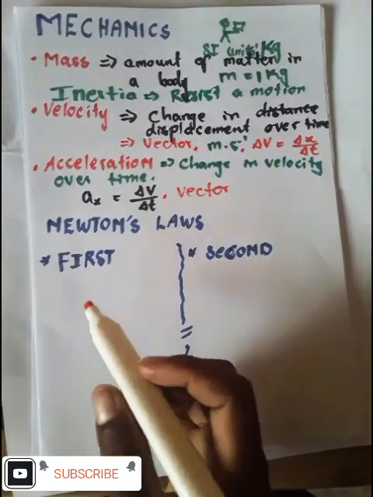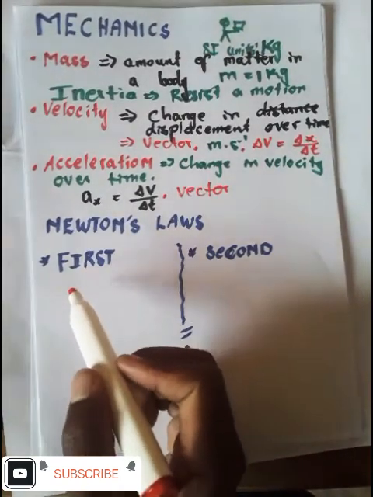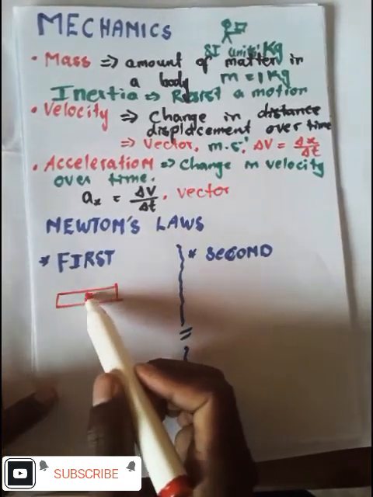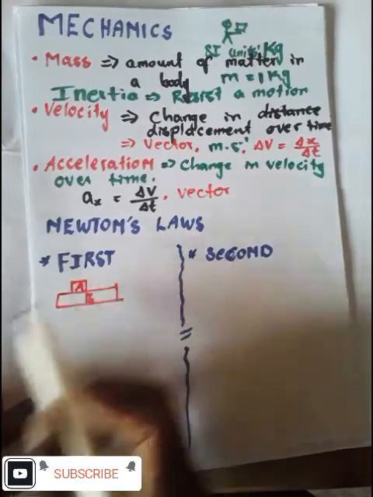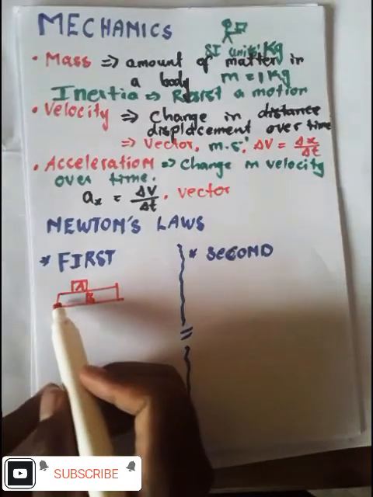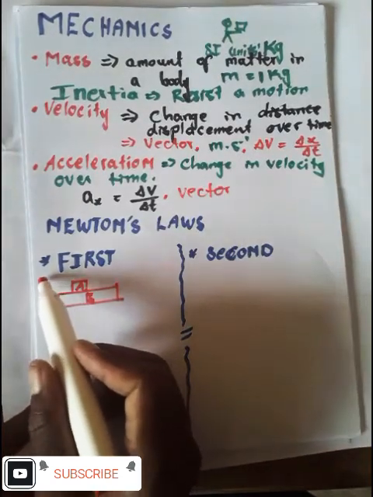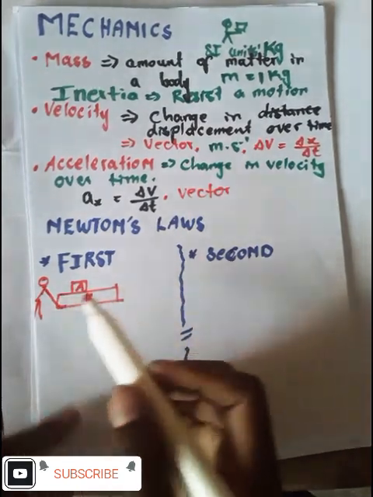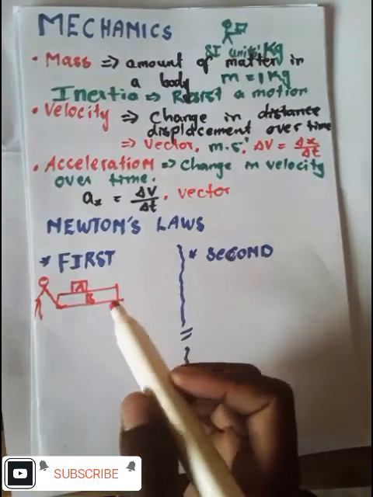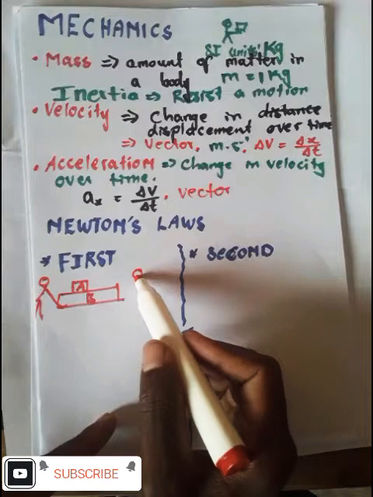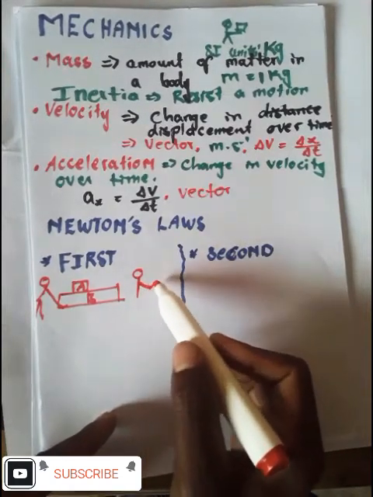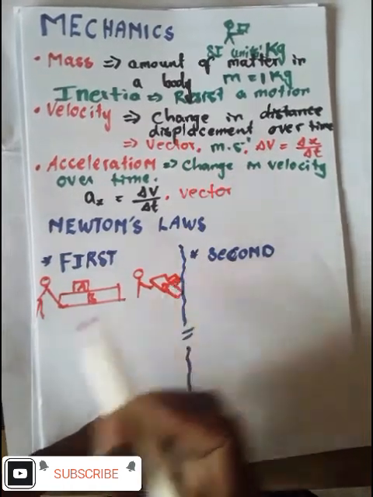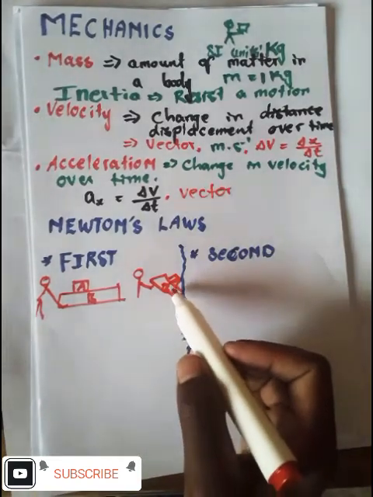We start with Newton's first law. Let's say you have a big object, which we call object B. Then you place a small box on it, which we call object A. Then you lift object B upwards, so it comes to an incline, but object A is still there.